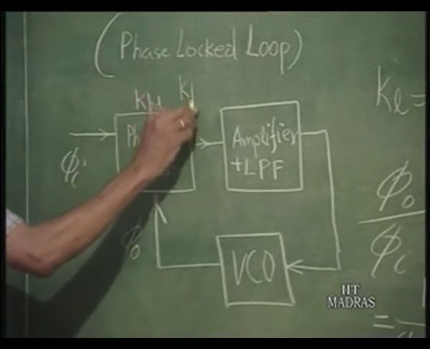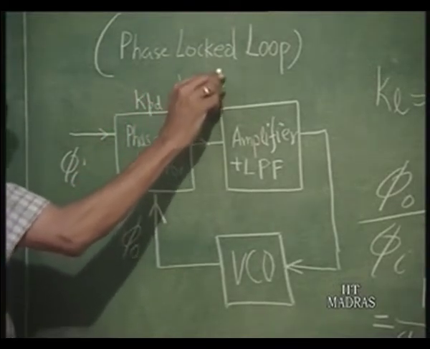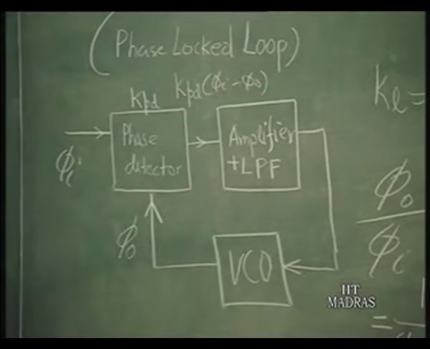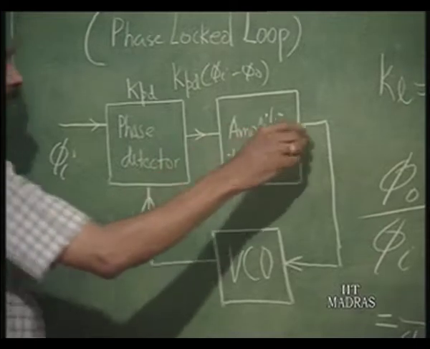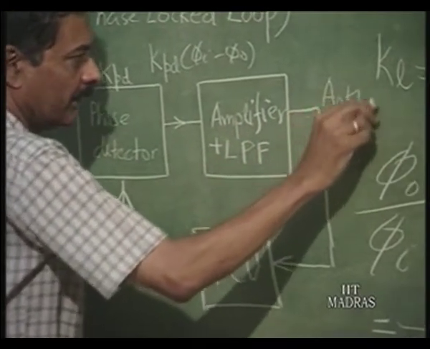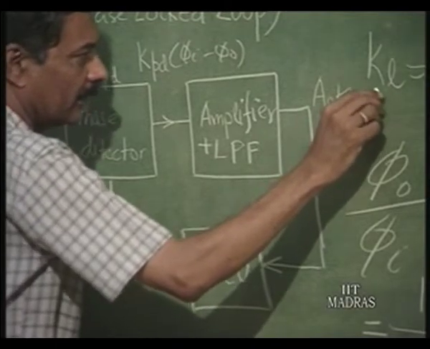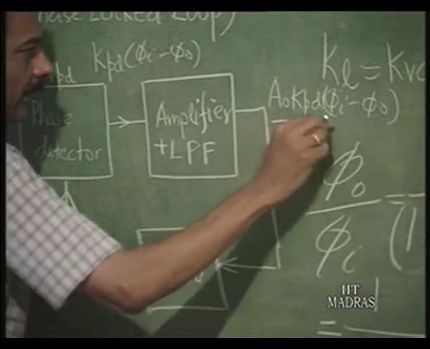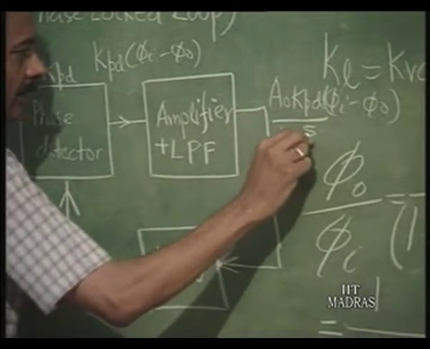This would go to the amplifier and low pass filter. So, A naught KPD into phi I minus phi naught, divided by 1 plus S by omega LP.